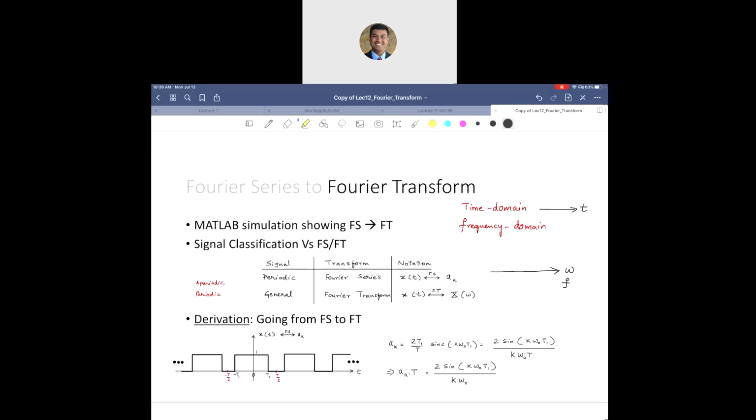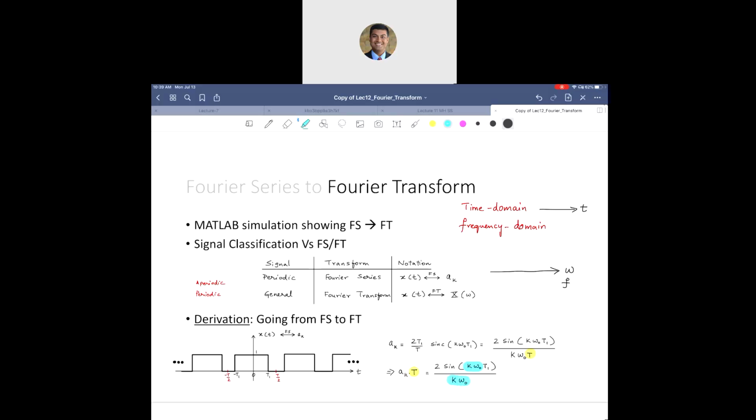Now if I bring my T to the left hand side, I have a_k times T equals 2 sine(k omega naught T1) divided by k omega naught. Now notice this expression.